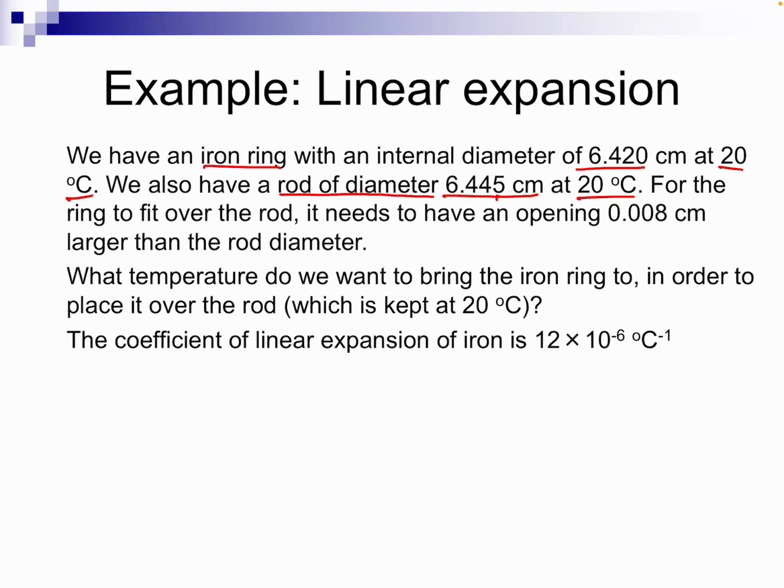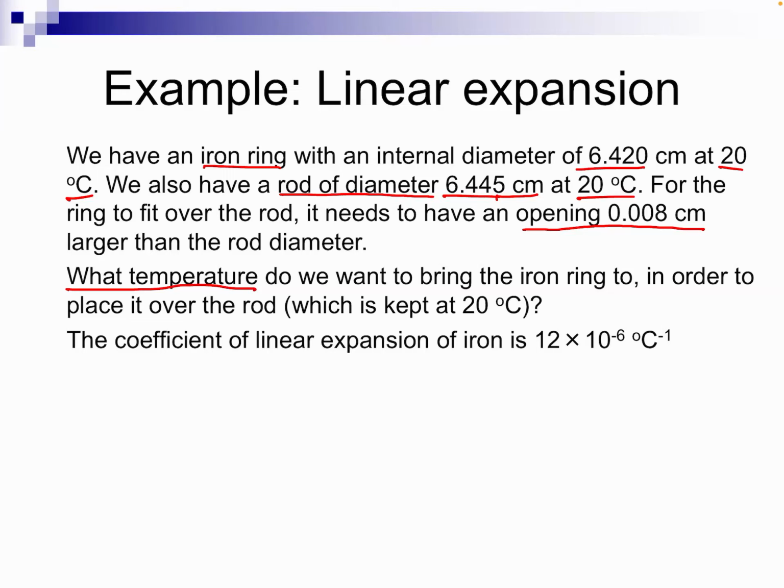We already know you need to expand the ring in order to fit the rod inside. It says here that the rod will only fit if there's an opening of 0.008 centimeters bigger than the diameter of the rod. The question is, to what temperature should you heat the ring in order to place the rod in it?